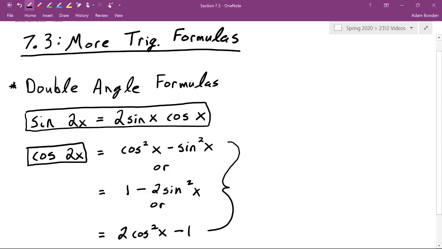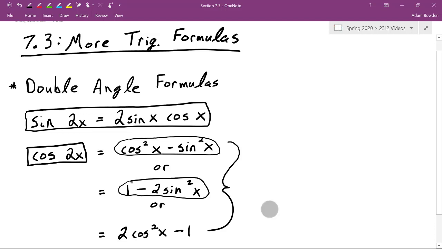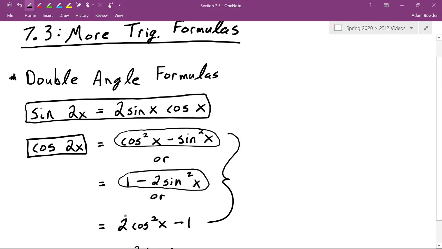We have cosine squared x minus sine squared x. That's one version of the double angle formula for cosine. Or it can be changed into 1 minus 2 sine squared x, or 2 cosine squared x minus 1. So depending on what we're trying to do, we can use any of these three formulas for the double angle for cosine.